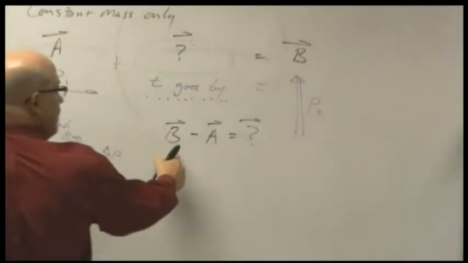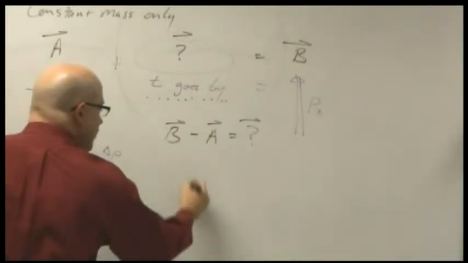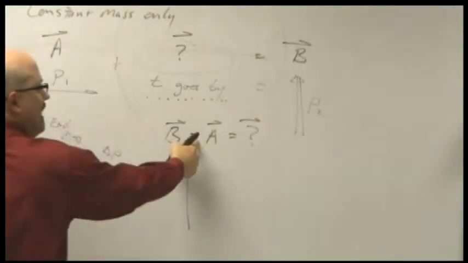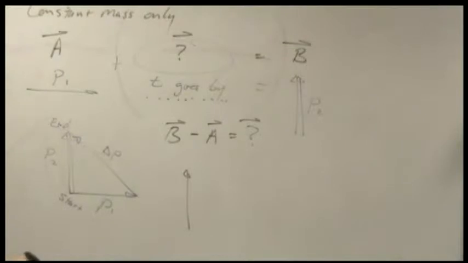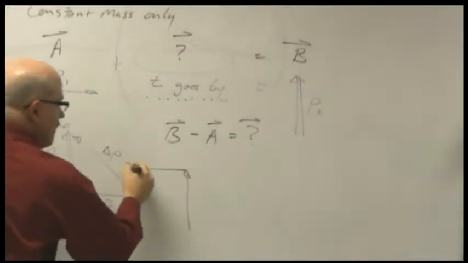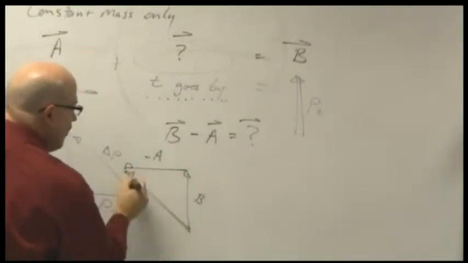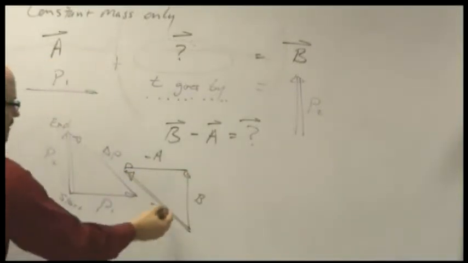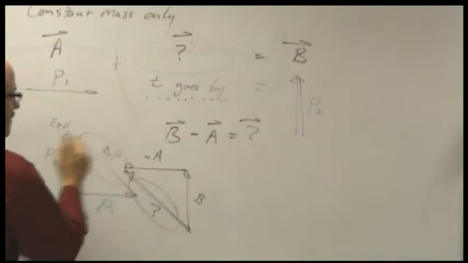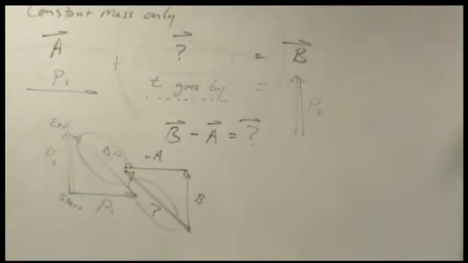So which way is B vector? B vector is this way, right here. Which way is minus A vector? Minus A vector is this way. So here's B plus minus A gives me my resultant, which is my question mark. Notice that my question mark here and this one are the same, right? So either way you want to think about that, you get the same thing.